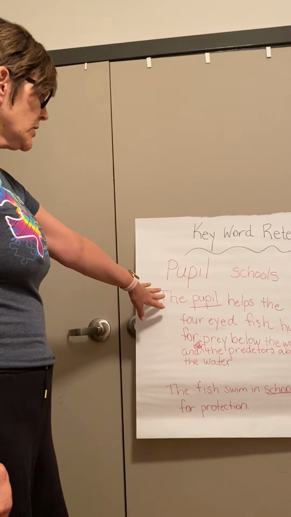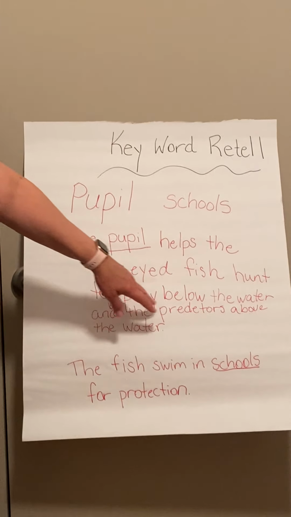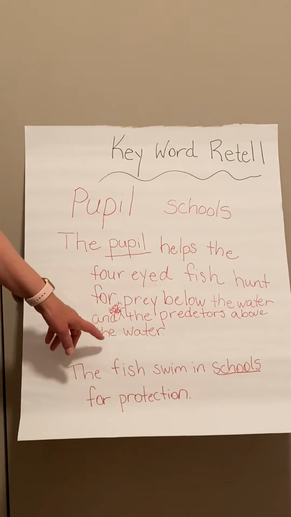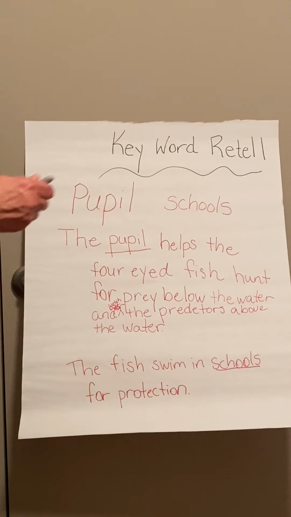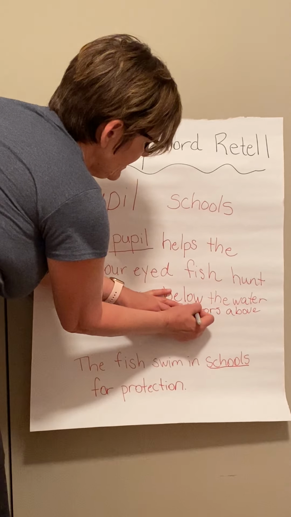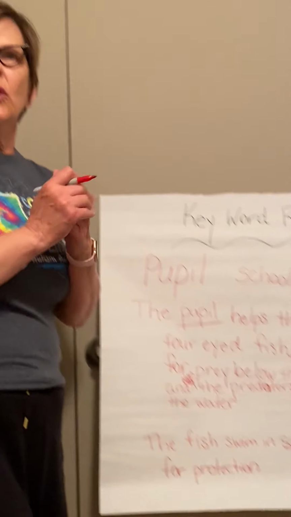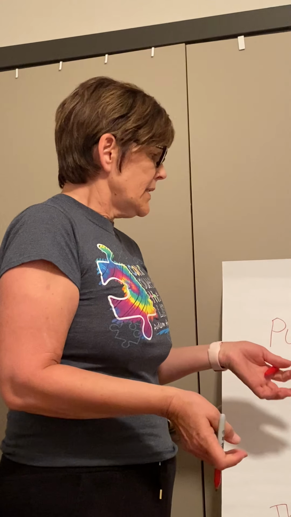So the pupil helps the four-eyed fish hunt for prey below the water and watch out for the predators above the water. I think I misspelled predators. I think that's supposed to be an A. Miss Nason. But you know what? Even when you are a teacher, you make mistakes all the time. Thanks for helping me out with that.